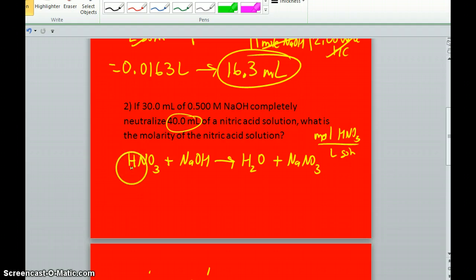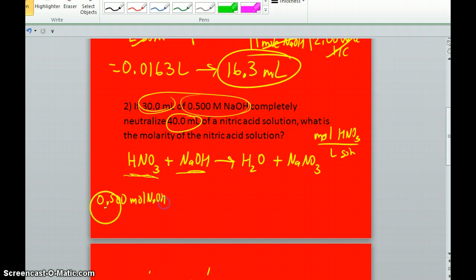So yes, once again, if I want to neutralize completely so much base, I am going to need a certain amount of acid. It's 1-to-1, the ratio, stoichiometrically. And when I've been given a molarity and a volume, I've been given moles of my base. All I have to do is calculate them. I have 0.05 moles of sodium hydroxide in every liter of the solution that I'm given.